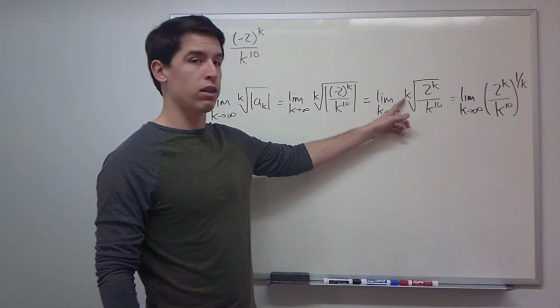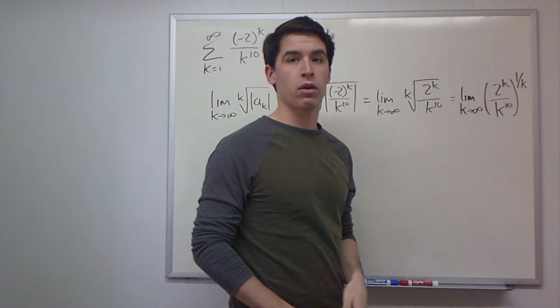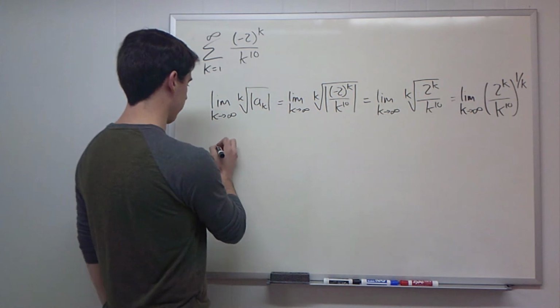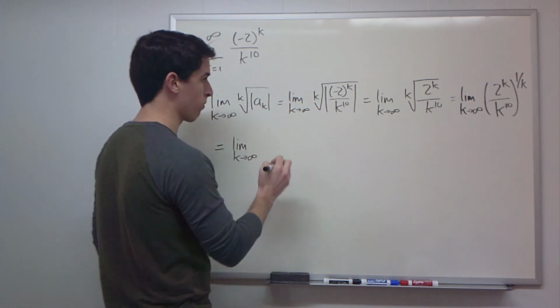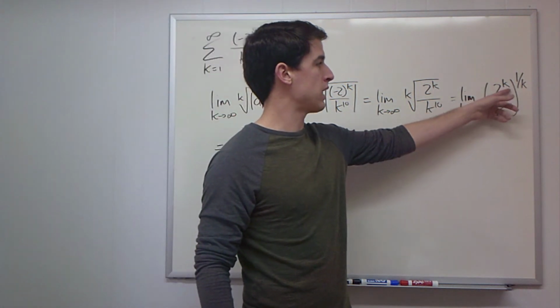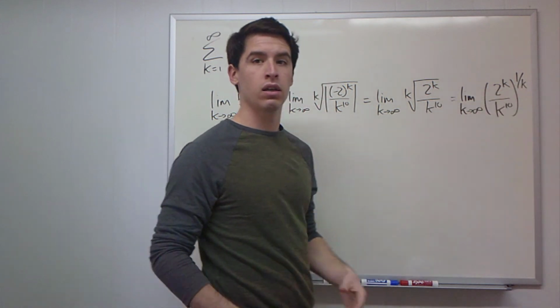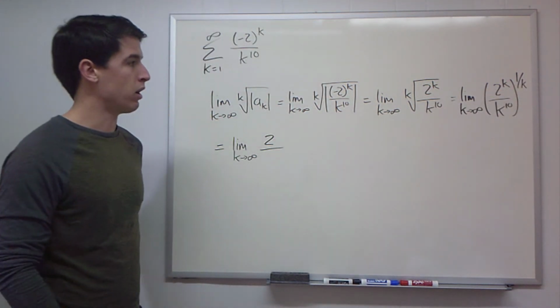When I take the kth root, that's the same as taking the 1 over k power of my expression. So now in this limit, I have 2 to the k times 1 over k. K times 1 over k would just be 1. So I'm just left with 2 in my numerator.